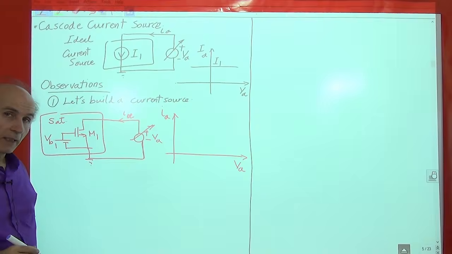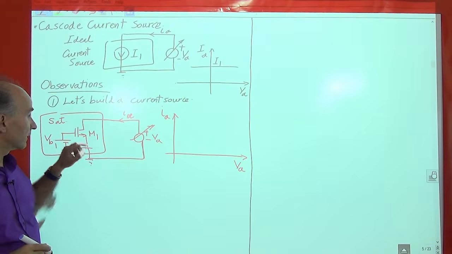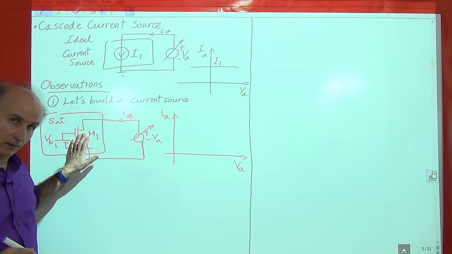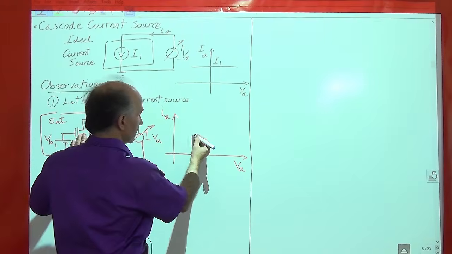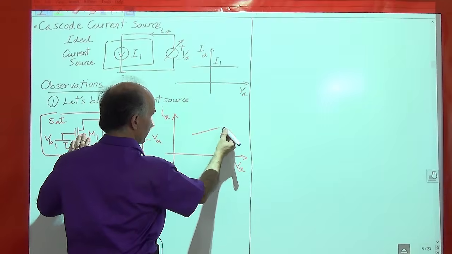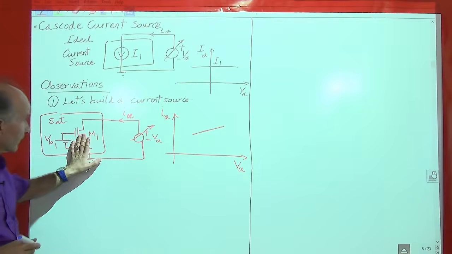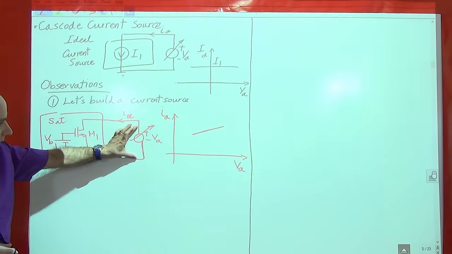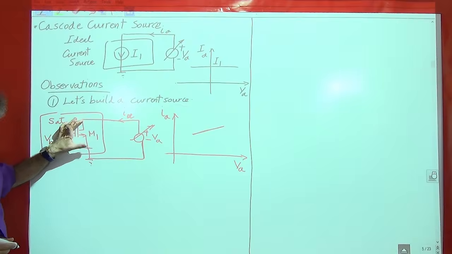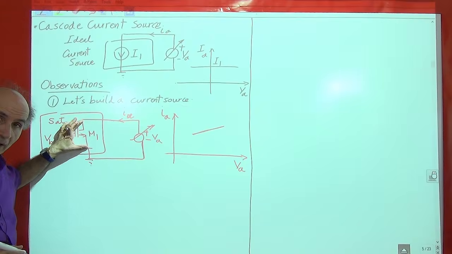All right, well, we know that the current source is not ideal. In fact, the current is not exactly flat. It has some slope to it. Why? Well, this is because as this voltage varies, this drain source voltage varies, and we have channel length modulation, as a result of which this current changes.